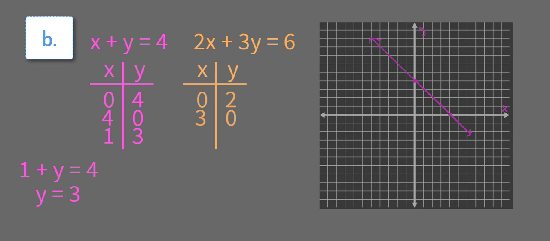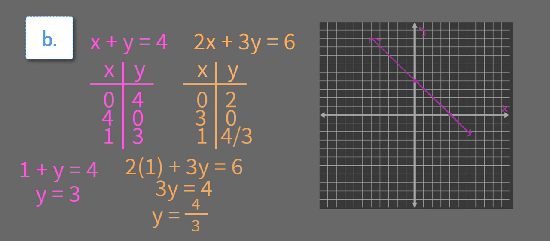And we'll go ahead and use 1 here as well. So 2 times 1 plus 3y equals 6. Subtract 2 from both sides. 3y equals 4. Y equals 4/3. So 1, 4/3. So we'll go ahead and plot those points. 0, 2, 3, 0, and 1, 4/3.